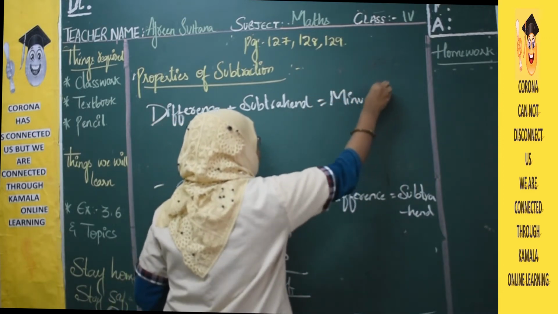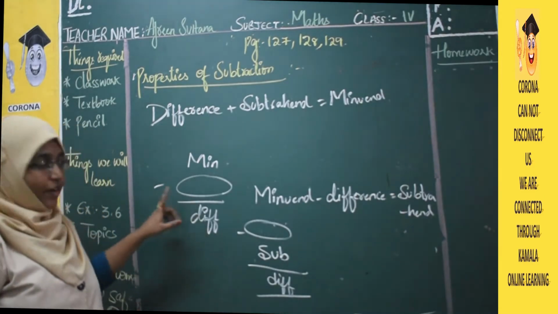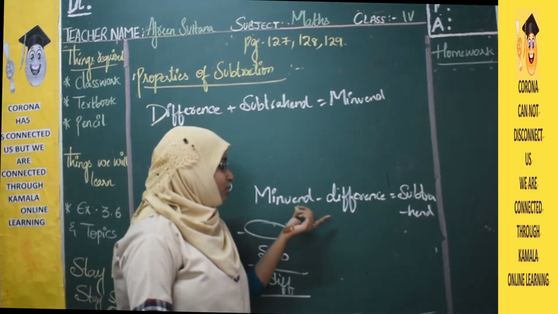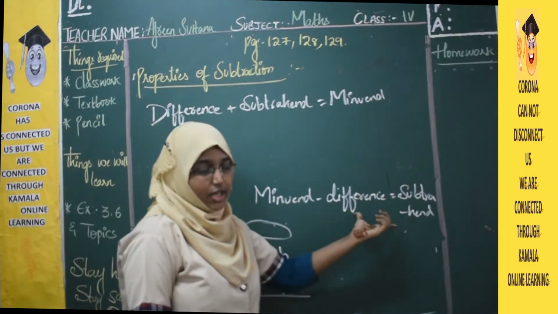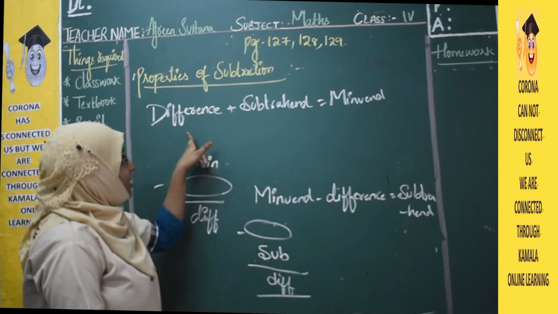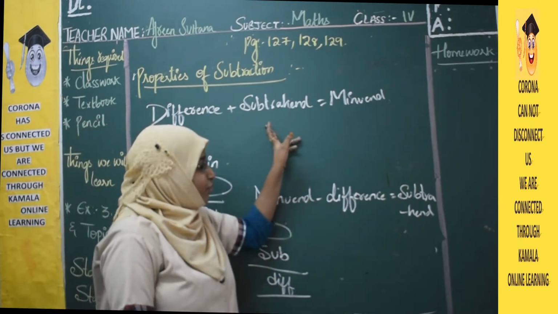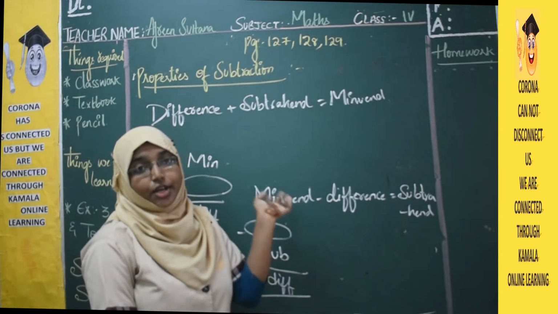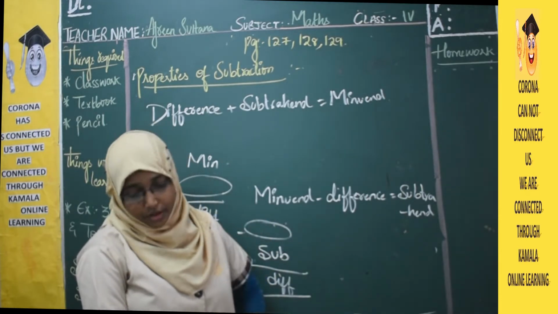To find the subtrahend, we subtract minuend minus difference. To find the minuend, we add difference and subtrahend. These are the two formulas we are going to use to find the relationship and to compare as well.